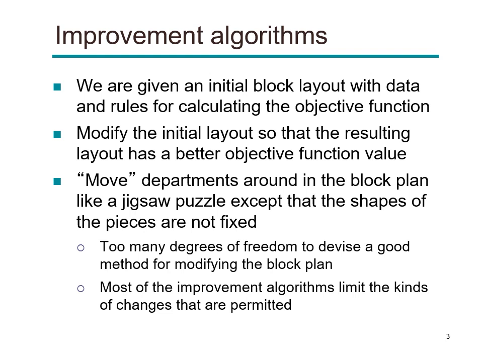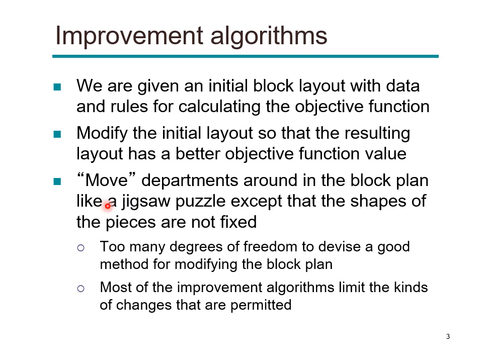This is the whole objective of improvement algorithms: get an initial layout, make some modifications on it, and come up with a better layout. For this purpose, the algorithm makes some moves. It moves the departments around the block plan.